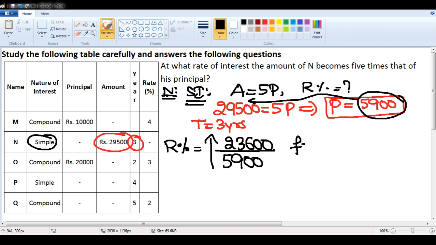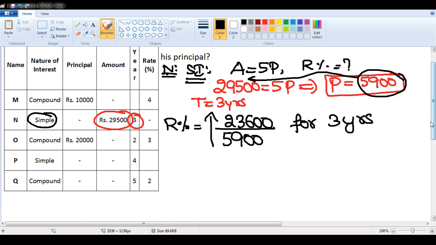But this is for 3 years, right? If I simplify this, these zeros will get cancelled. So 236 divided by 59 is 4. So 4 is what you got.